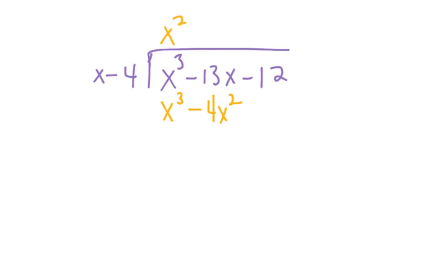Okay, look at what we ran into here. We don't have an x squared here. This doesn't line up. So what you must do is to make this in a correct format so we can continue. We have to take into account that there are 0 x squared terms. So I'm going to rewrite this.